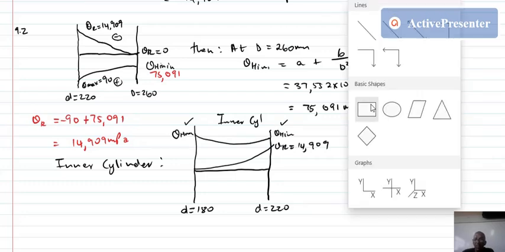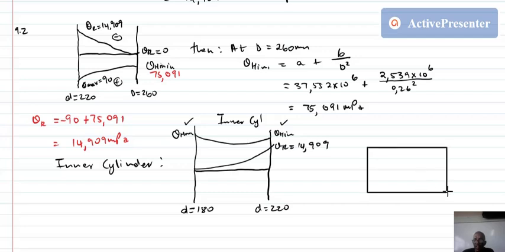Now, let's put our box and see the areas that we have. We must have 4 out of 6. What we have here, we have our radial as 14,909. It should be at the bottom here, which is my radial here is 14,909.